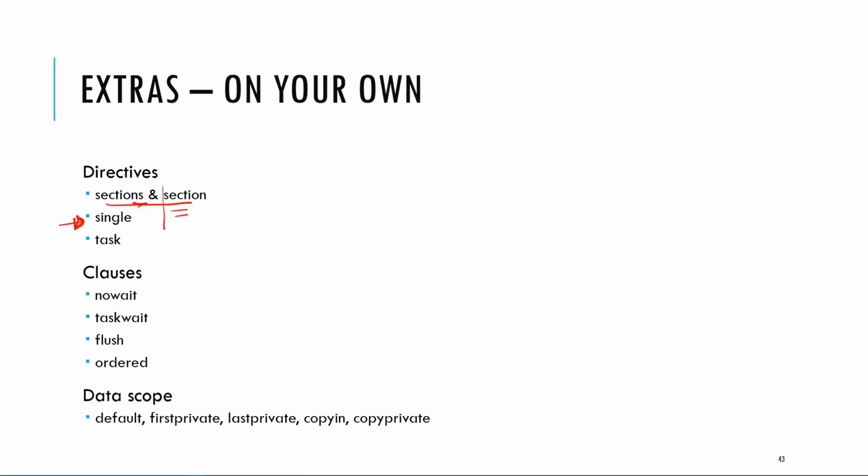You can also define parallel zones using the task routine, so check how this can be useful sometimes. We talked about nowait, which fights the implicit barriers. Instead of waiting at the closing braces of a for loop before jumping to the next one, if you add nowait, the threads won't wait for the others to finish the first for loop. They can directly attack other iterations from the next for loop.